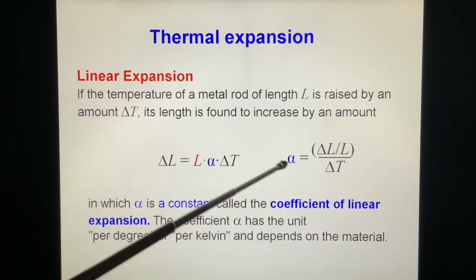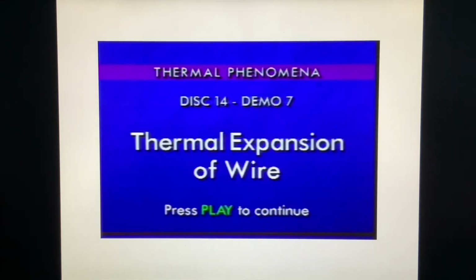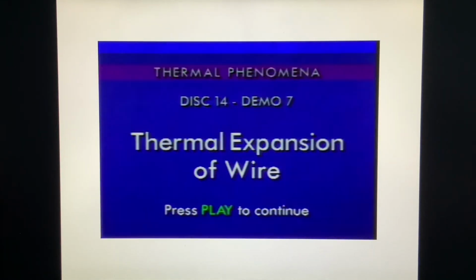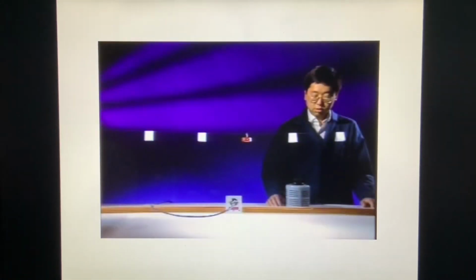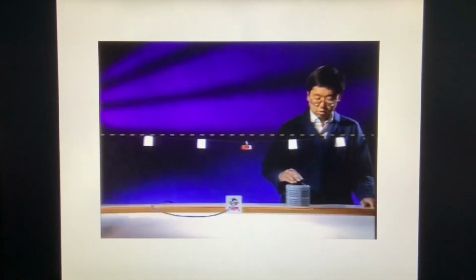Different materials have different alpha. We can check from the book. We'll use this long iron wire to show how materials expand when they're heated. A weight is hung on the wire, and an electrical current is run through the wire to heat it. As the wire heats up, it expands and begins to sag.